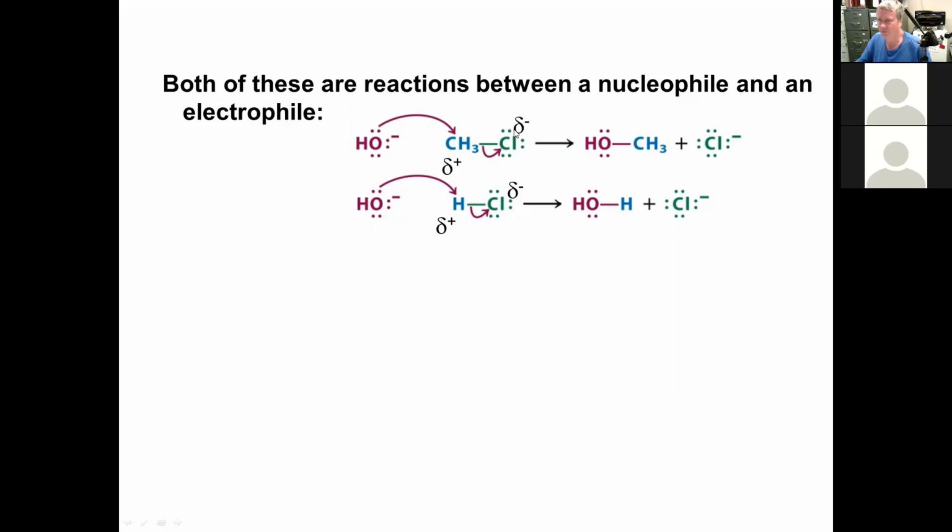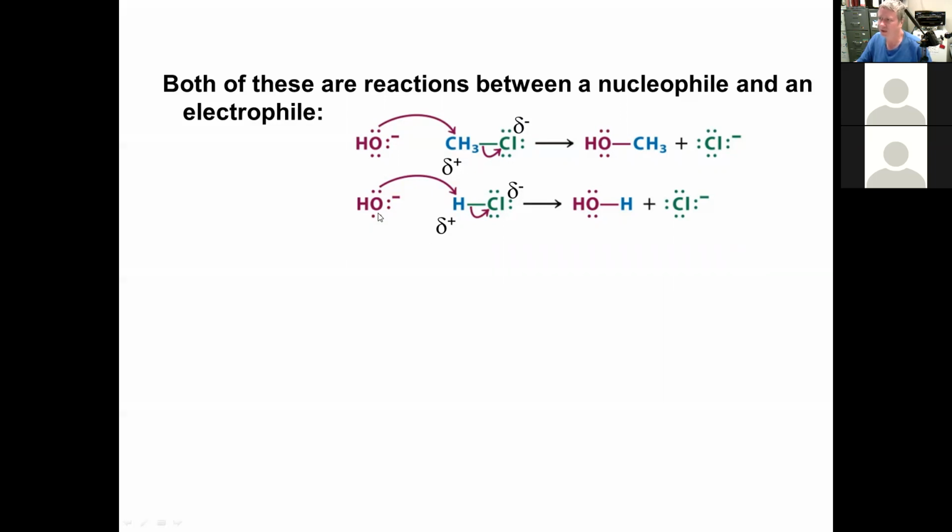What's this delta plus, delta minus thing? It's very, very helpful to draw this. Delta minus is a partial negative charge. Chloride is electronegative, so it is partially negative. So what happens to carbon? It becomes partially positive. Definitely when you're learning these things, drawing those delta negative, delta positive really helps you to understand the electronics.